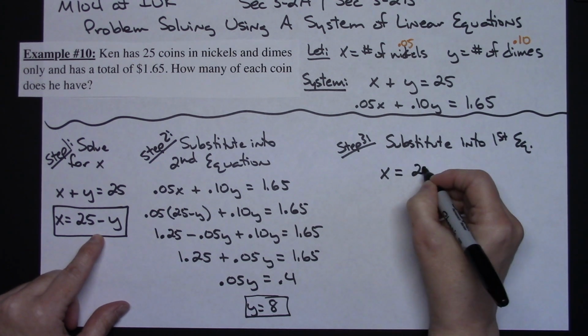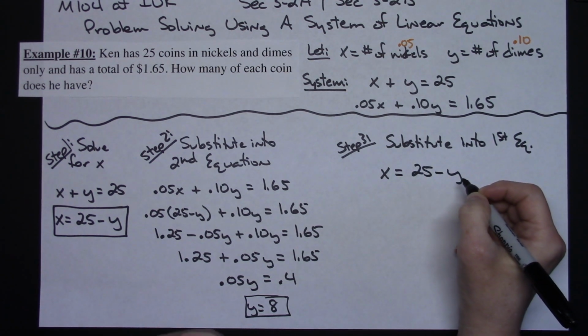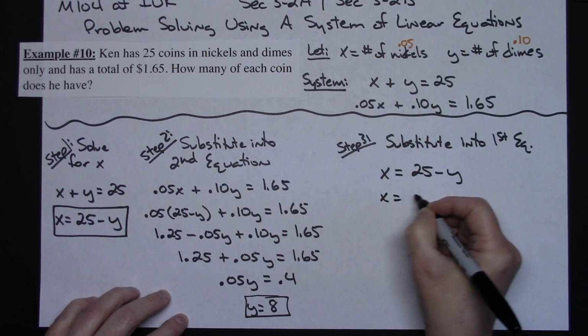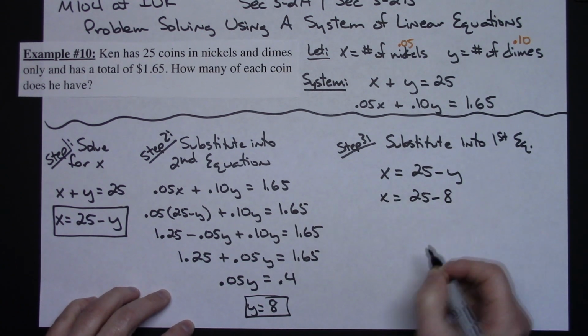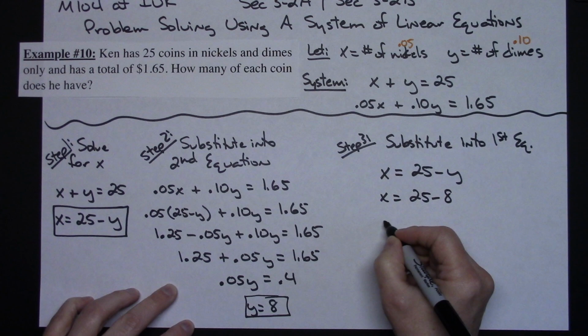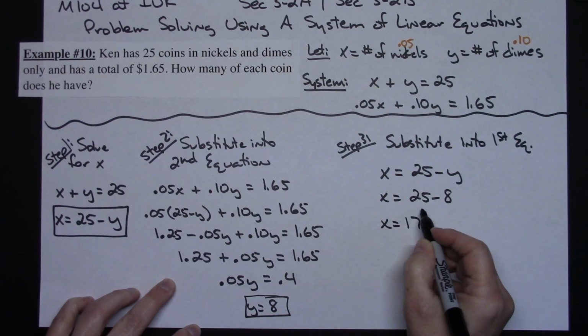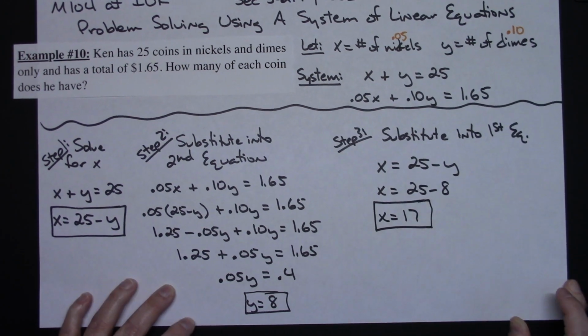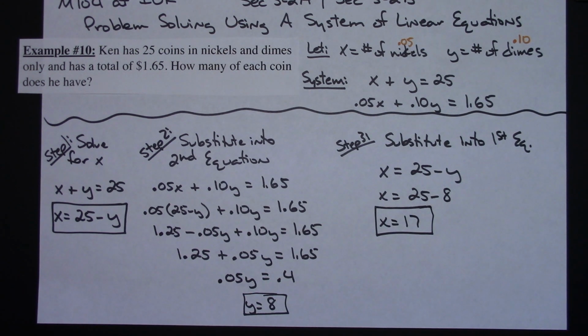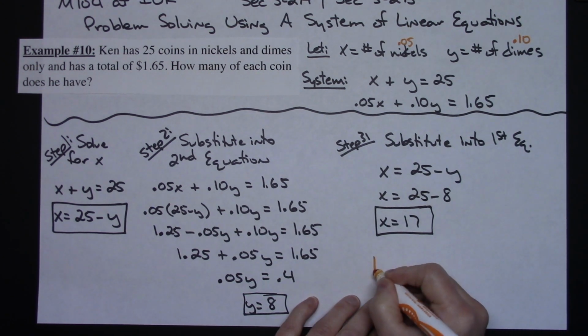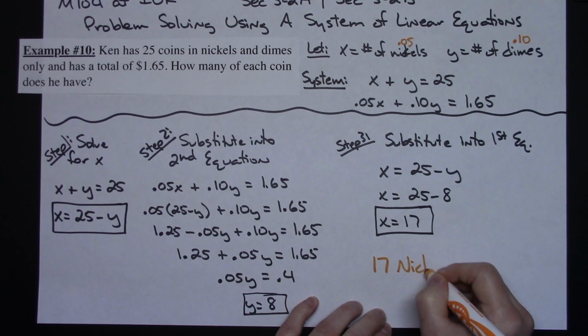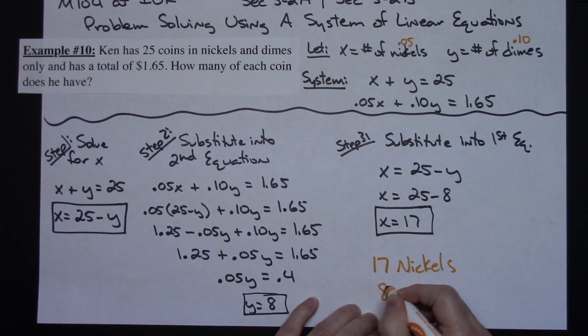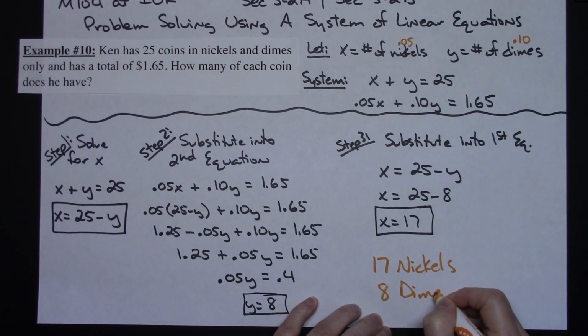So x is 25 minus y. I'm going to put in my 8. So 25 minus 8 is 17. So that means the number of nickels is 17. Alright, again, I would probably write some type of summary up here. I've got 17 nickels, and I've got 8 dimes.